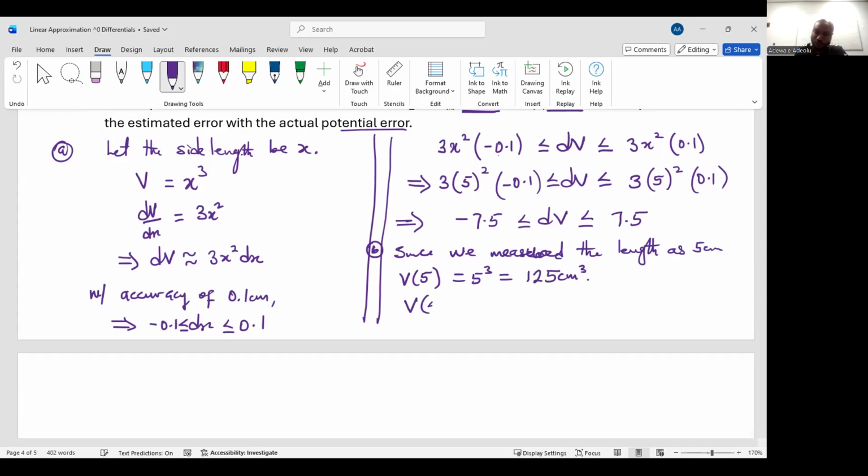So what is V of 4.9? That is 4.9 cubed. And V of 5.1 is 5.1 cubed. I'm just using this formula for the volume of a cube.